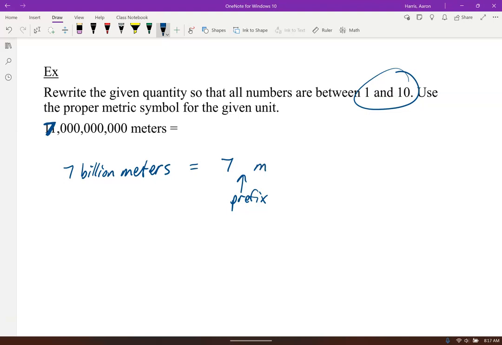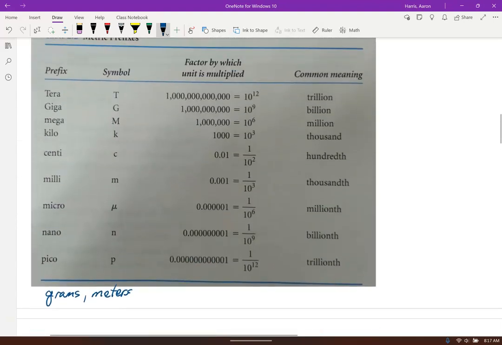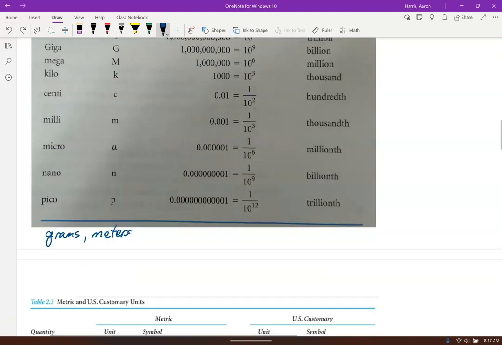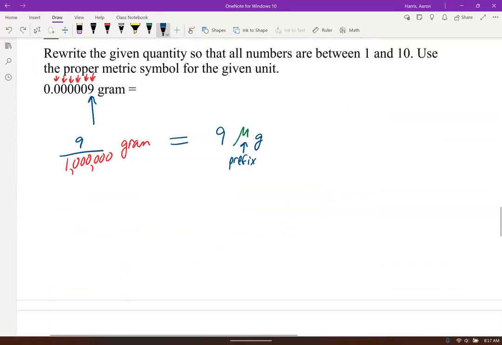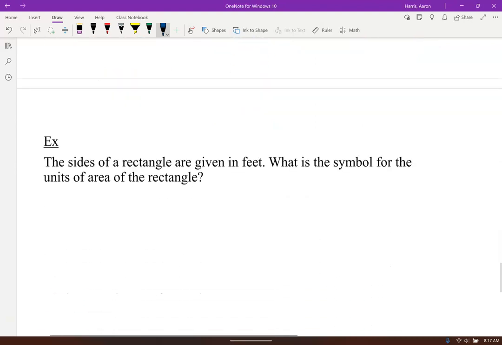So we just go up and find our symbol for billion. And it looks like it's right here, billion, giga. So this is 7 gigameters. So capital G, see that capital G right there? So giga meters. 7 gigameters is the same as 7 billion meters.